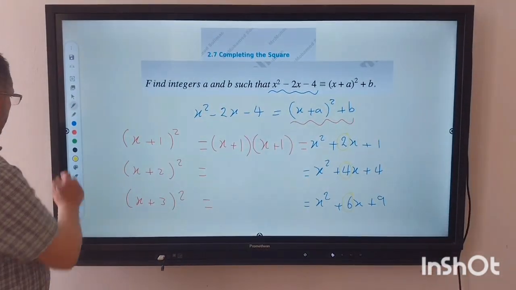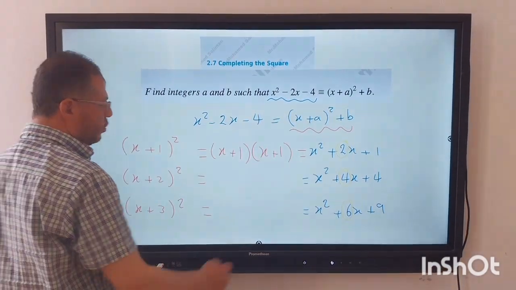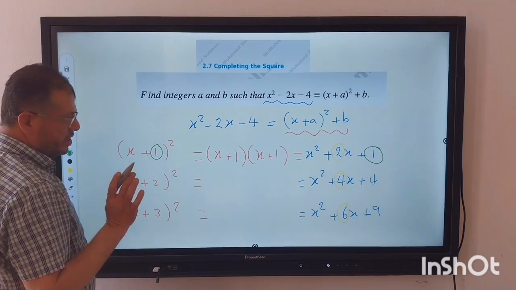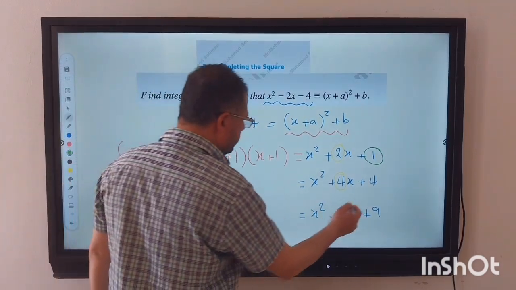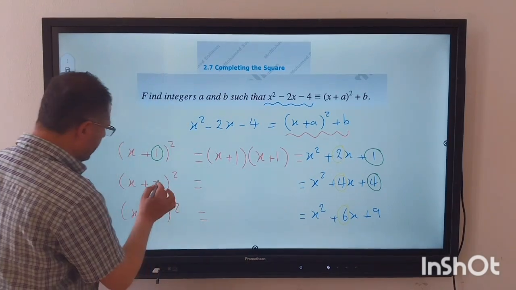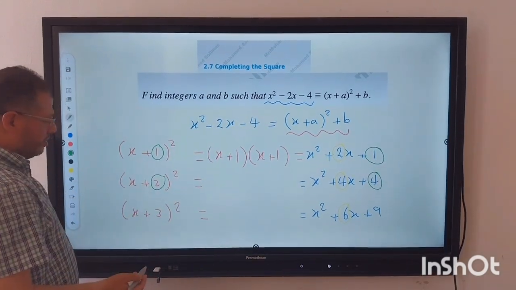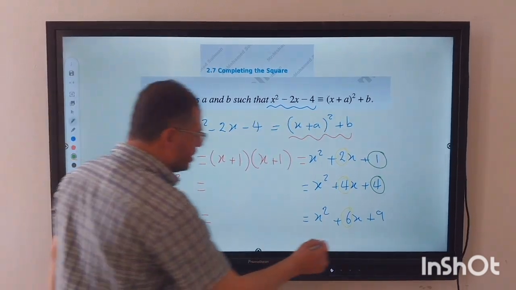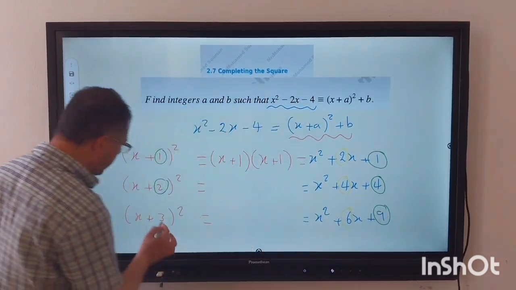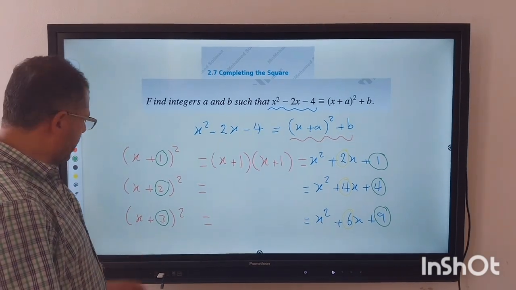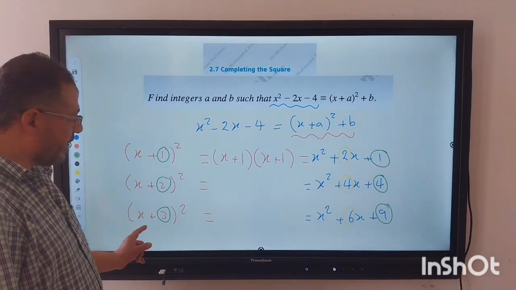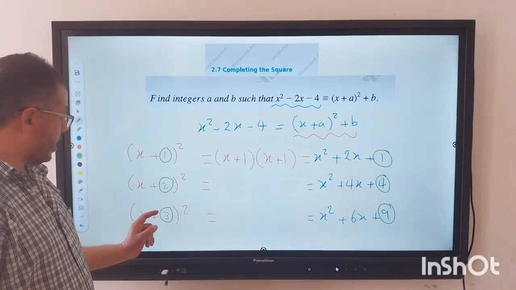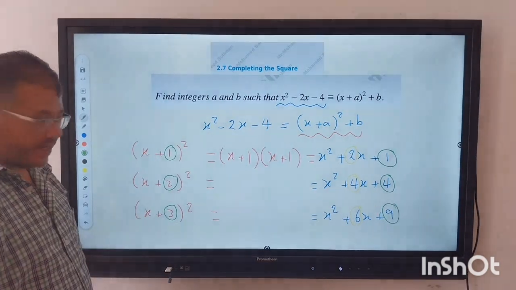What else can we recognize? Here we have 1 and 1, the same. But what about the next one? 4 is double, maybe, or maybe square. Let's see the third one. I have 9 and I have 3. What is the relationship between 9 and 3? 3 is the square root of 9, or in another way, 9 is the square of 3.